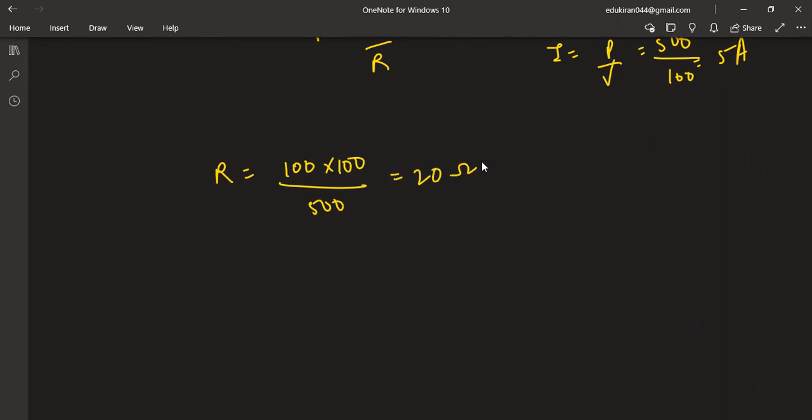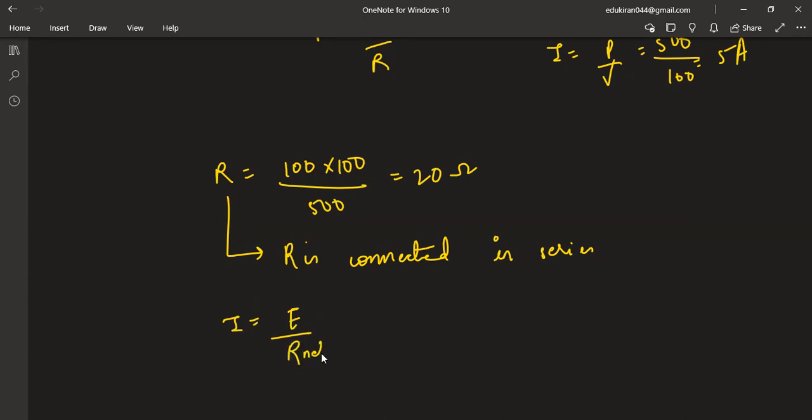Now this R is connected in series, right? The supply is 230.